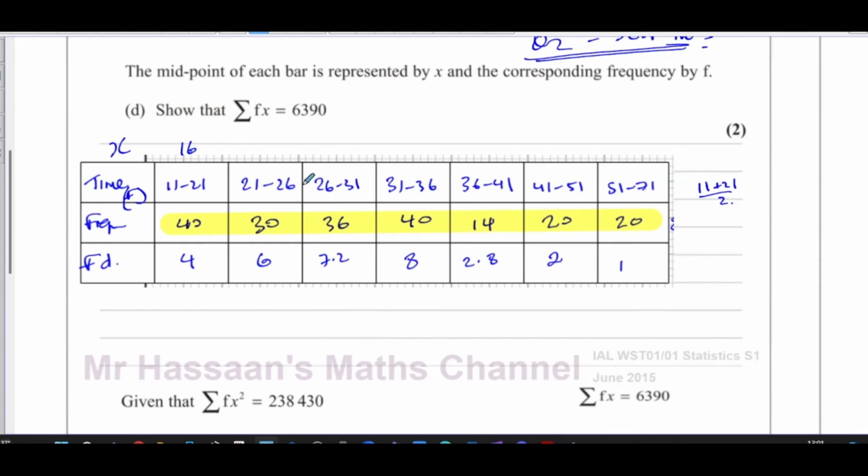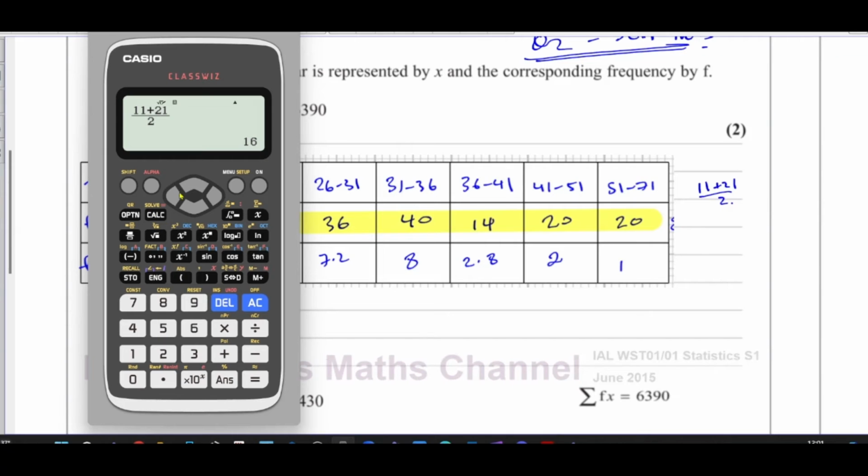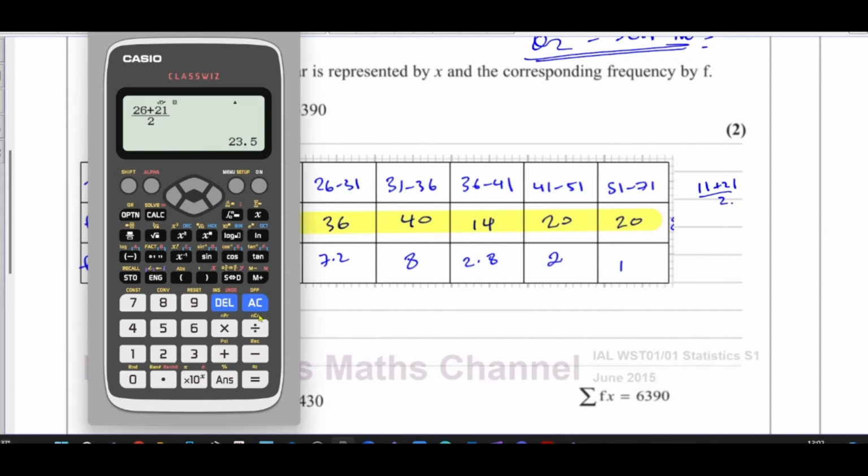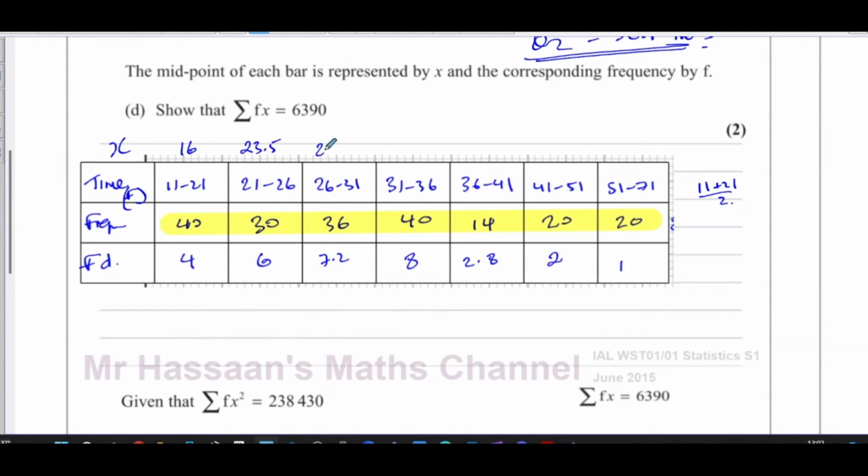And this is going to be 21 plus 26 divided by 2, and that gives us 23.5. Then we got 26 plus 31 divided by 2, that gives us 28.5.